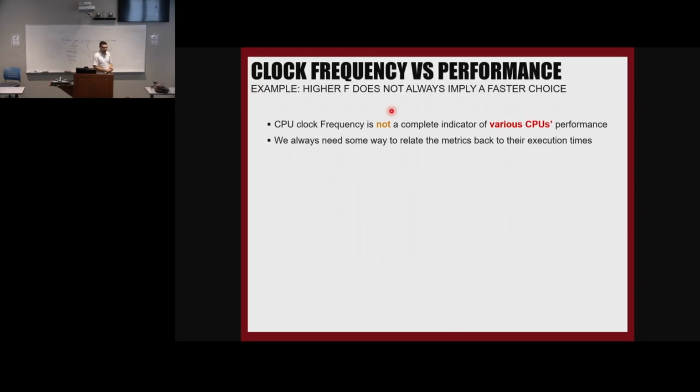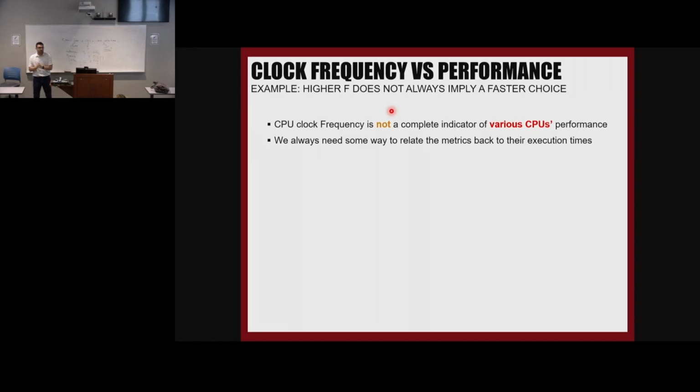All right, so let's have an example that shows that if you have a higher frequency for a computer system, it doesn't necessarily mean that the computer system is faster. When we have these metrics, we shouldn't get too excited when we see better frequency or whatever.